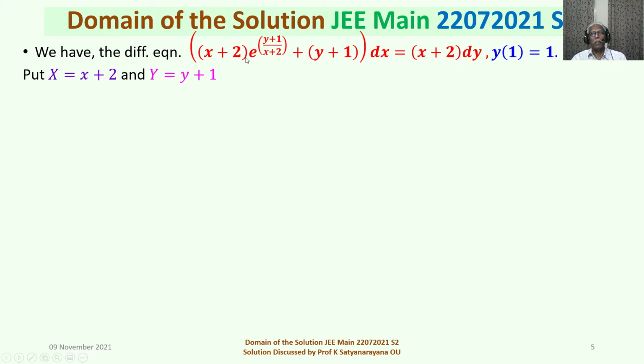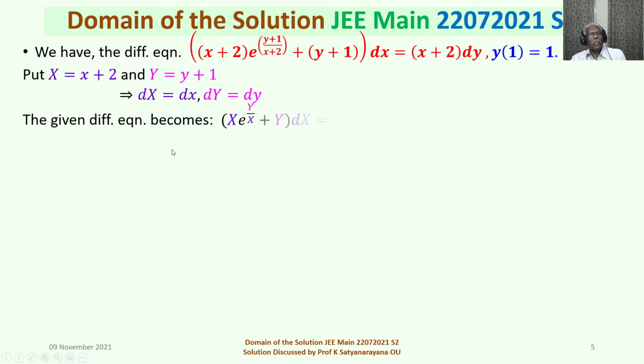Now x + 2 is appearing and y + 1 is appearing. Therefore, we will put capital X equal to x + 2 and capital Y equal to y + 1. Then the differential of capital X is the differential of x, and the differential of capital Y is the differential of y: dX = dx, dY = dy.